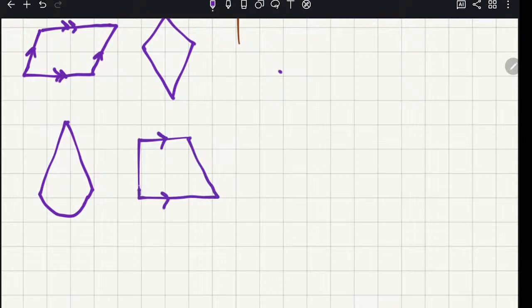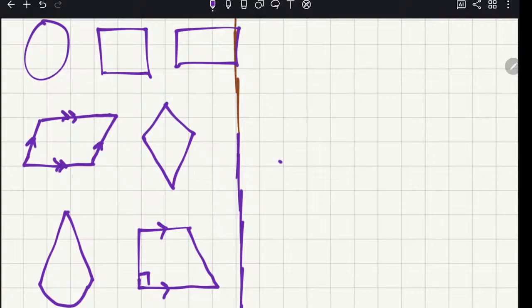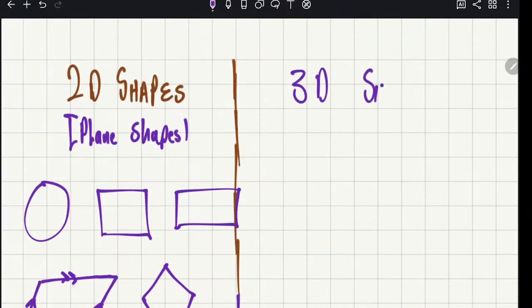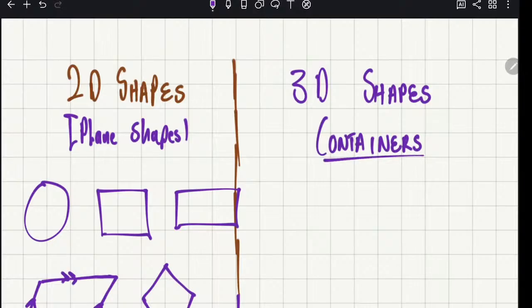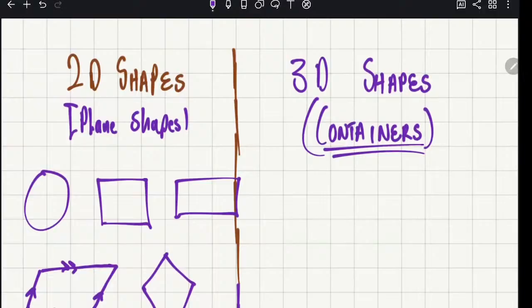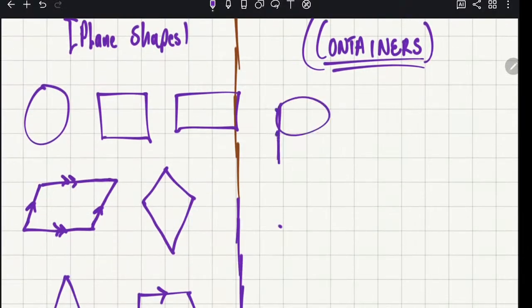We also have 3D shapes, which we're not looking at right now, which are the containers. But we are going to them just now. 3D shapes are the containers, which are your cylinder, your sphere, containers that you can actually put something inside. These are the 3D shapes. Then you have the sphere.